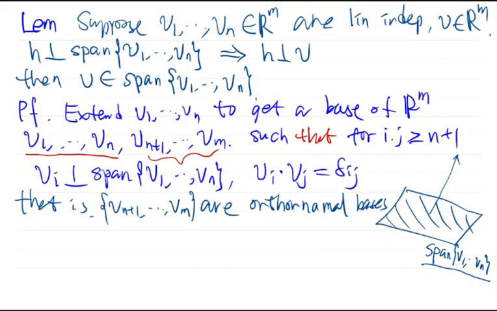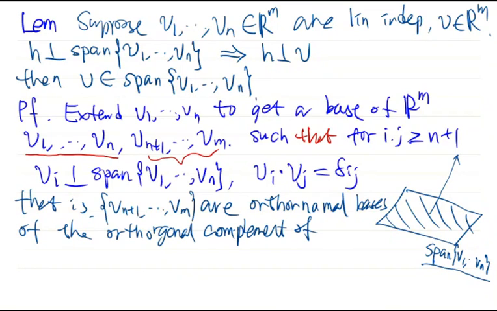These m minus n vectors are an orthonormal basis of the orthogonal complement of V1, ..., Vn.